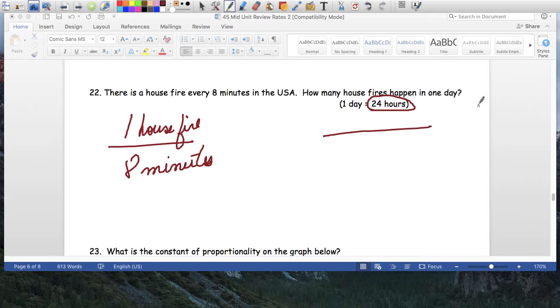Store A, $8.40, 24 ounces. Store B, $10.15 for 35 ounces. Okay, 1 ounce. Let's see how much 1 ounce costs in each one.